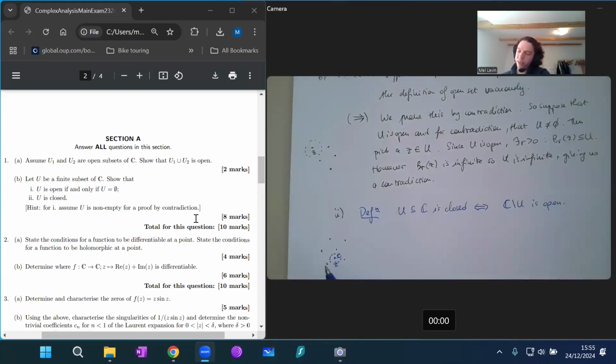This is where the minimum distance applies. Because U is a finite set, there is a minimum distance from Z to the black points, and if we pick R to be less than that minimum distance, then the ball cannot contain any of those black points.